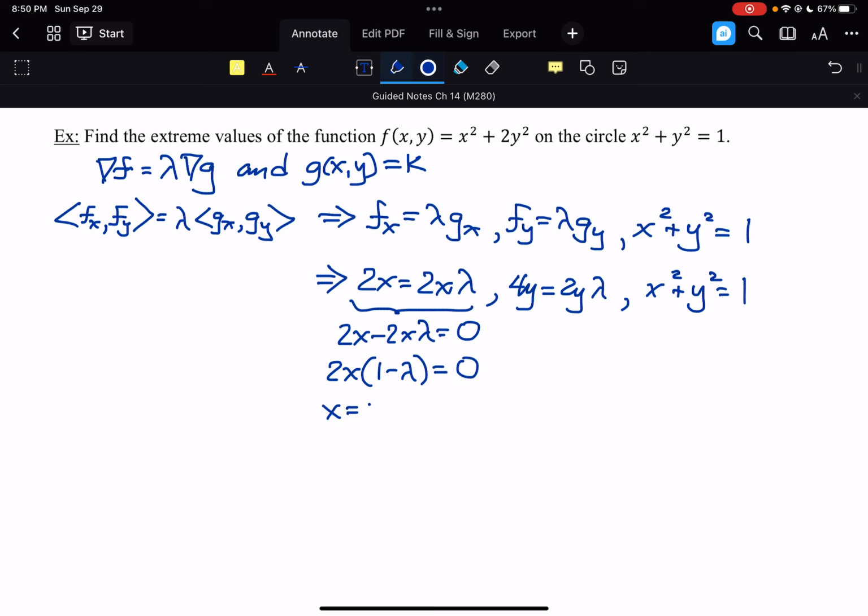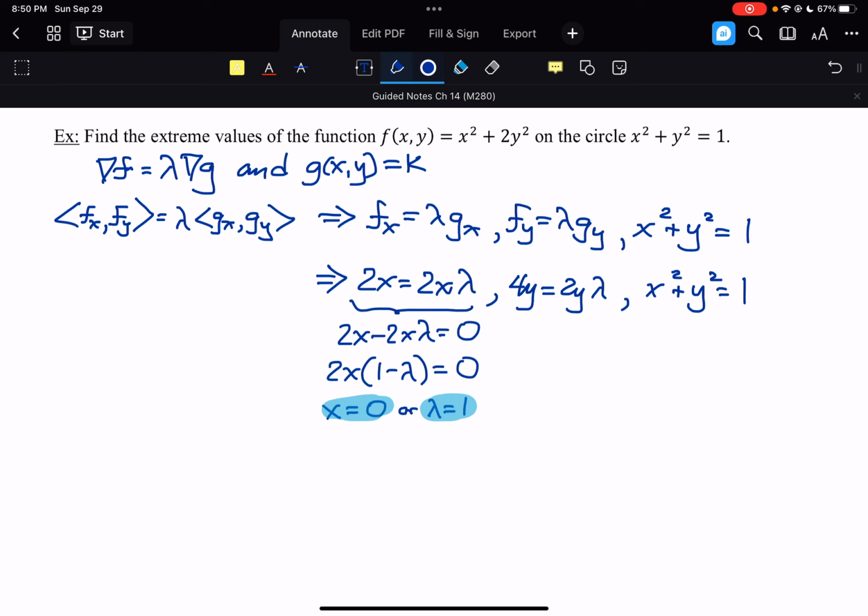So we get x equals 0 or lambda equals 1 for our two possibilities. If you divide away the 2x, you lose this one entirely. So you cut down your solutions in half or even more. So these are the possible outcomes of the first one.